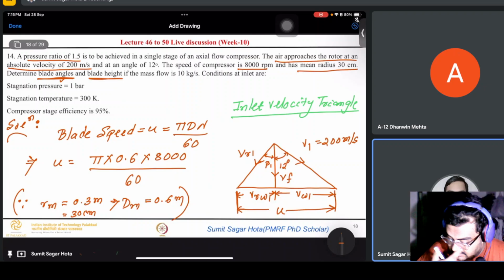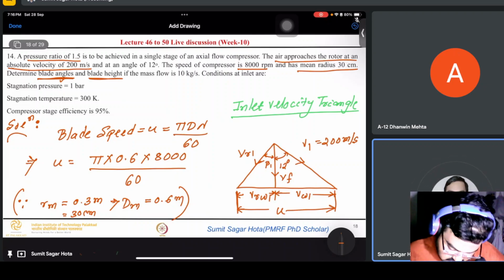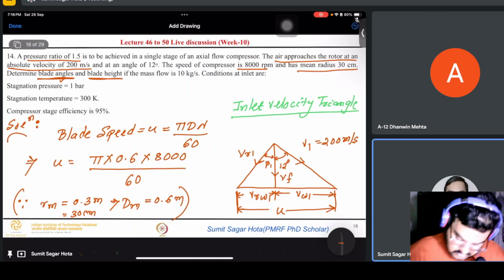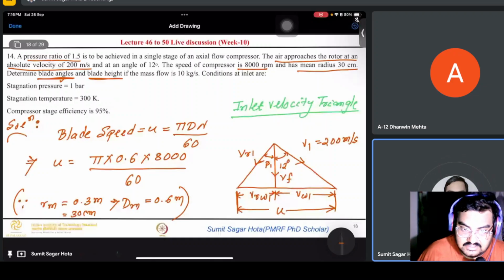And what is the mean value? I think the mean value is already given in the question. Otherwise you need to find out. Just check. If you see here, I mentioned the mean value, dm is 0.6 meter.